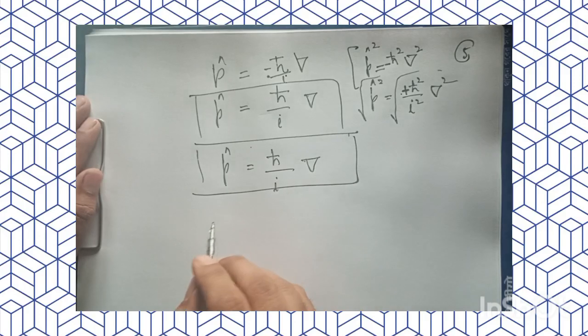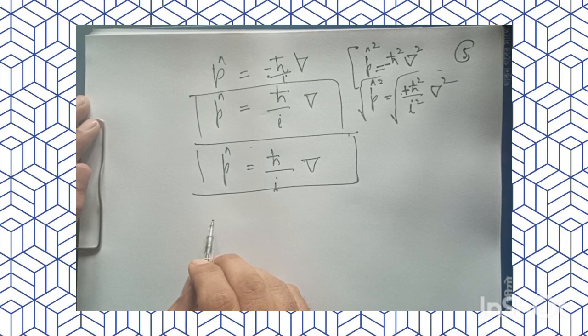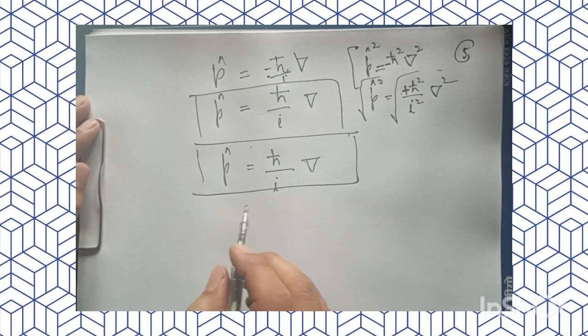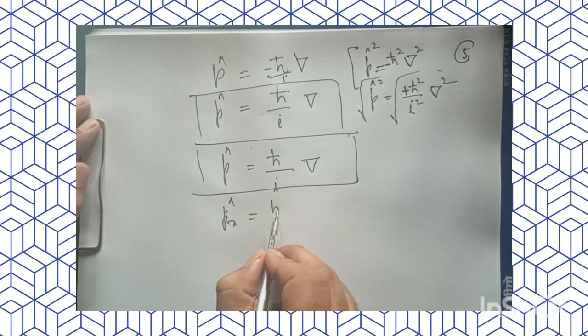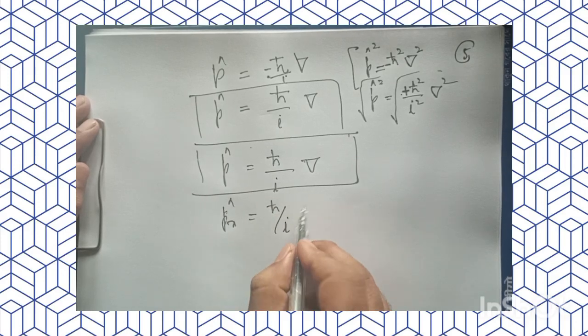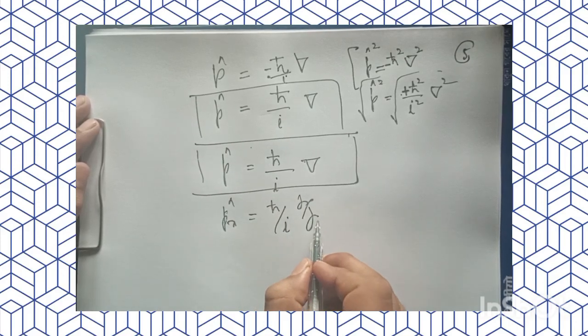Now, this momentum operator can be written in terms of its components. We can write it in terms of x, y, and z. So if we do that for px, what we will have is h cross by i, dou by dou x.